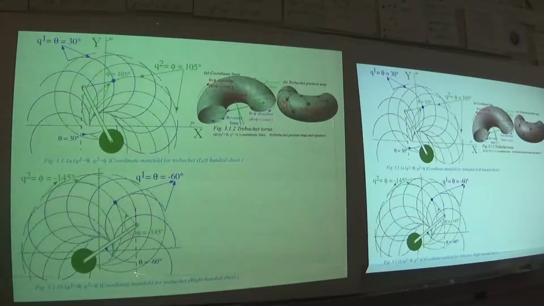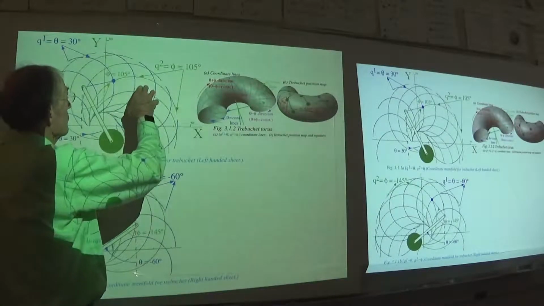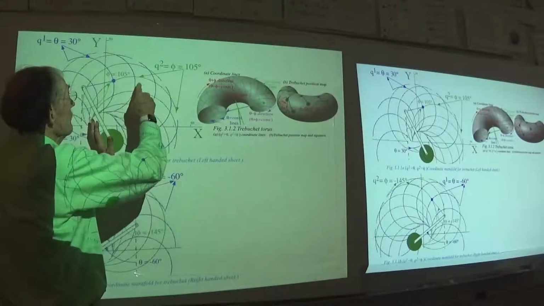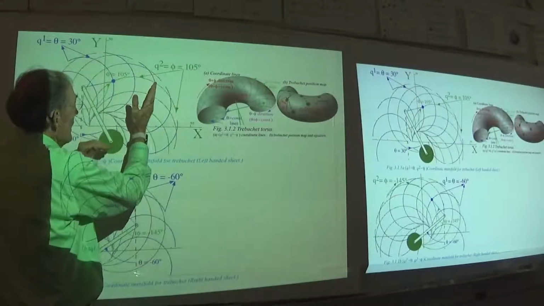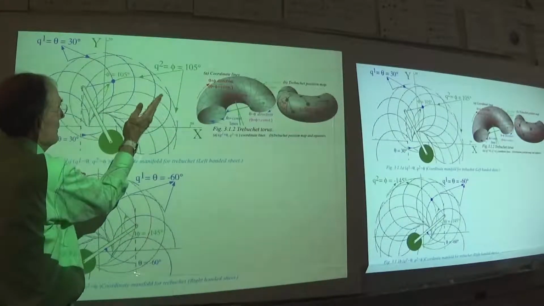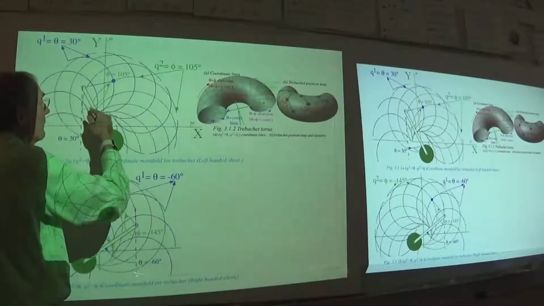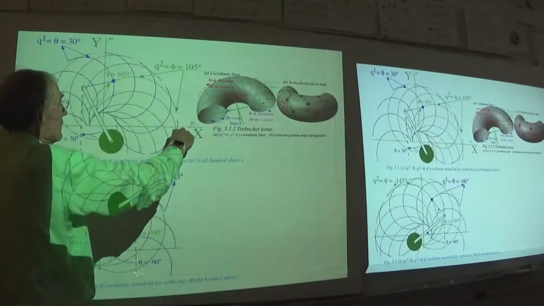I'll get rid of this. This one right here is phi equal to a constant, and I rotate that beam around, all the way around, and it would cut this circle right here.